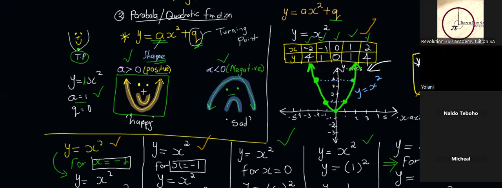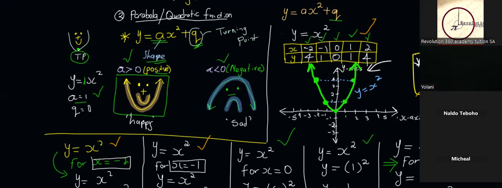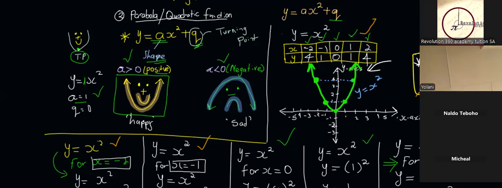But in this case, the easier one for you, so you don't struggle, is the table of values method. There is a reason why I didn't introduce the x-intercept, let y equal 0, and y-intercept, let x equal 0, at this specific moment. I wanted you to see all the coordinates that we are going to get. Can you see that here?